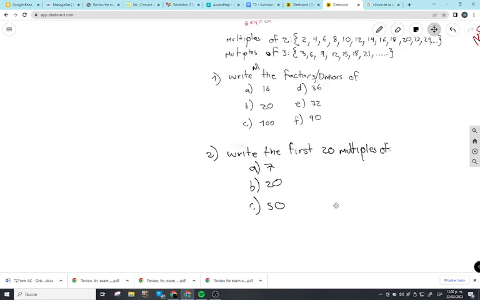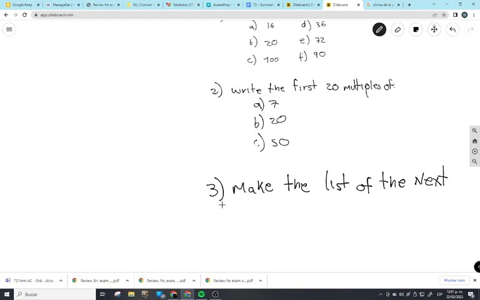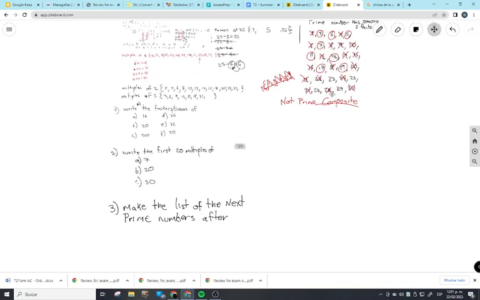And finally, make the list of the first or the next prime numbers after, until which number did we get?